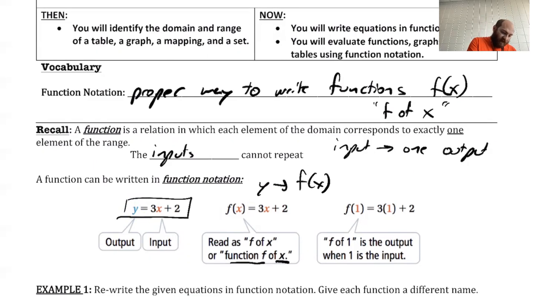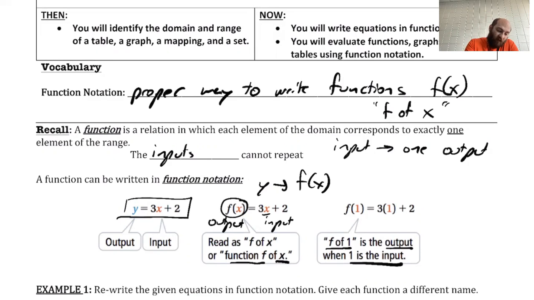In this format, x is going to be my input. So when you look at the function itself, that x value represents the input. This whole thing is going to be the output. For example, f of 1, that's how I read it, as f of 1. What I'm asking for is, what is the output when 1 is the input?